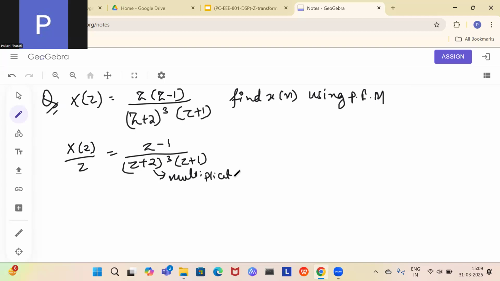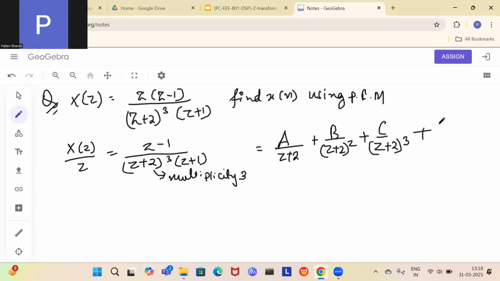So in this case, when we are taking out by the partial fraction method, we will write it A by (z+2) plus B by (z+2) square plus C by (z+2) cube, and then we will write D by (z+1). That is a simple pole. z equals minus 1 is a simple pole.